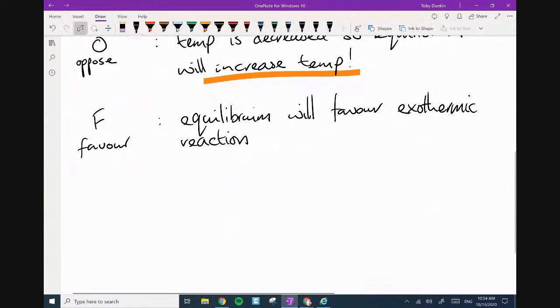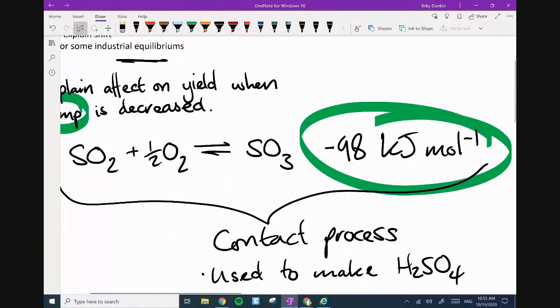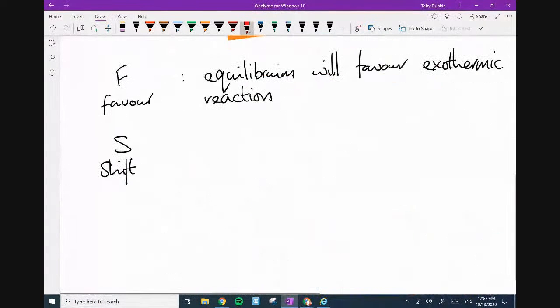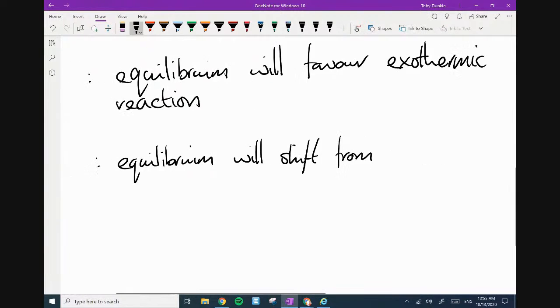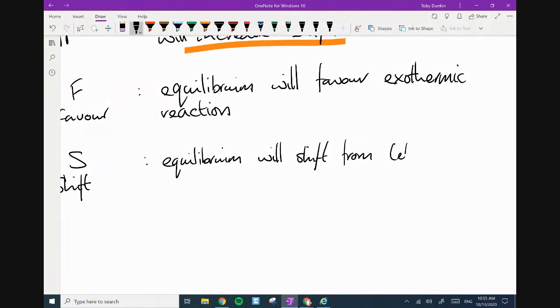Then we're going to do shift. S stands for shift. So if we're going to favor the exothermic reaction, which is that one, the equilibrium is going to shift from left to right. Equilibrium will shift from left to right.